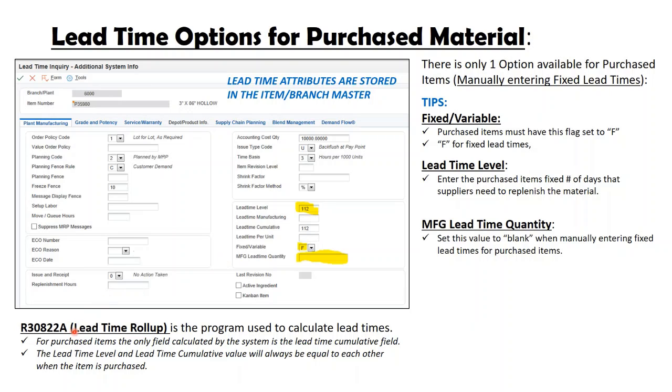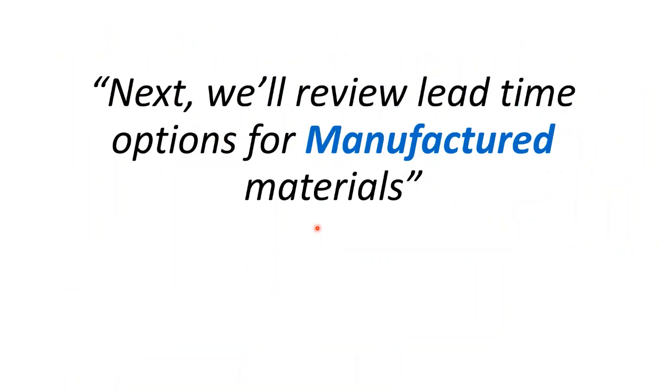When running the lead time roll-up program, which is used to calculate lead times for both purchased and make items, for purchase items, it will simply copy the lead time level value into the lead time cumulative field for you. The lead time level and the lead time cumulative value will always be equal to each other when the item is purchased.